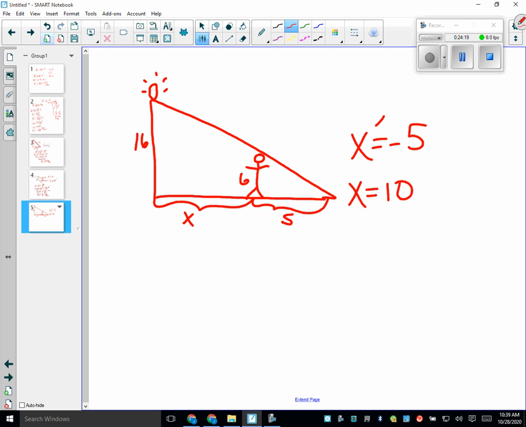All right? What do we want to find? Wait, they're not doing A, Griffin.